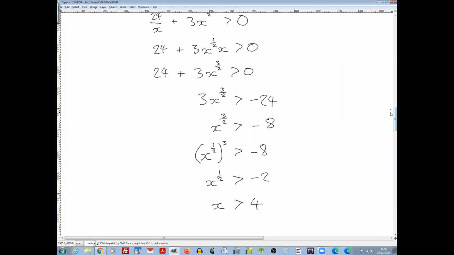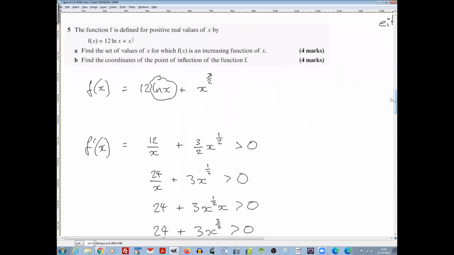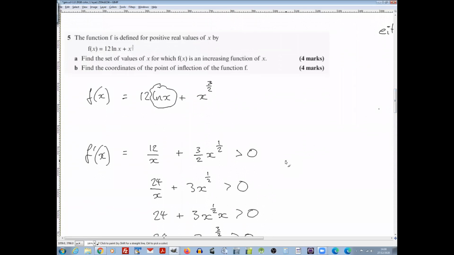So east of 4 on the x-axis. You know what I mean by east, don't you? So this is the set of x values. Well, leave that there.